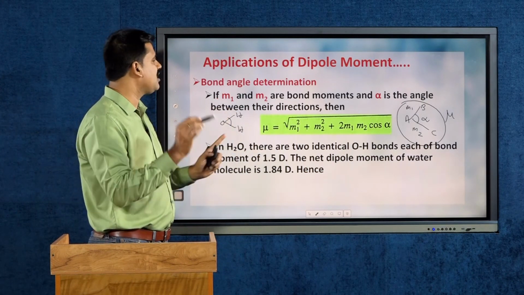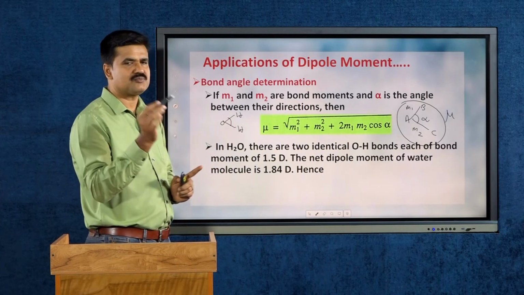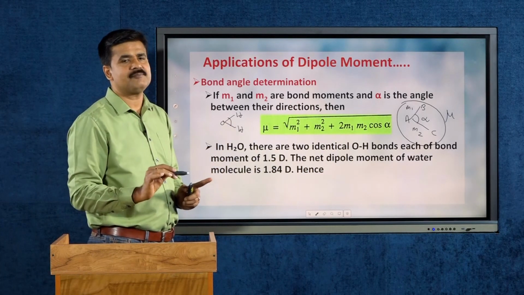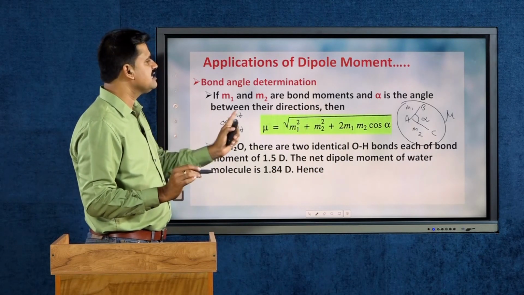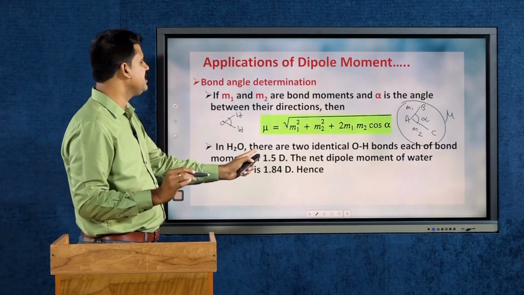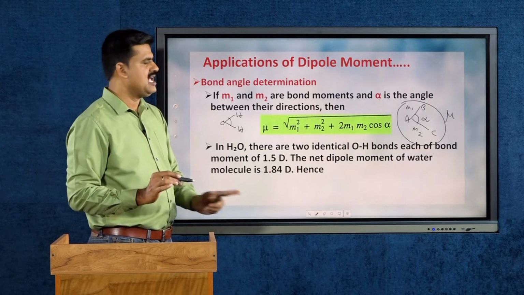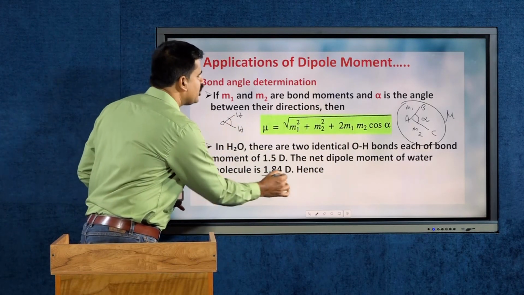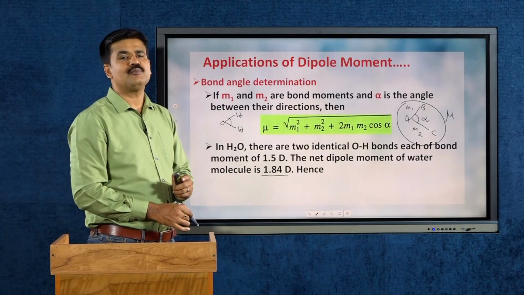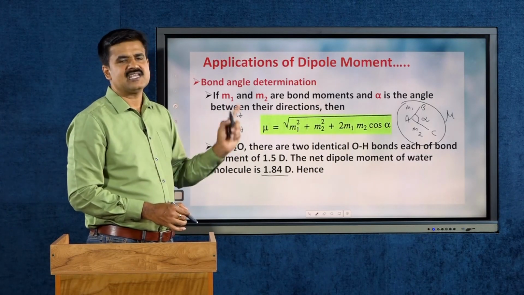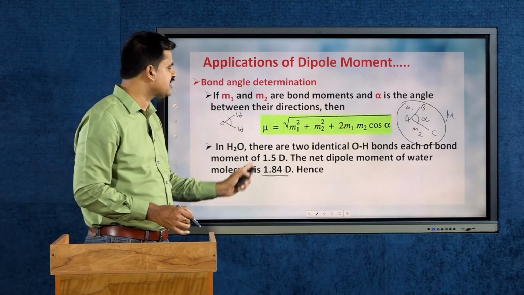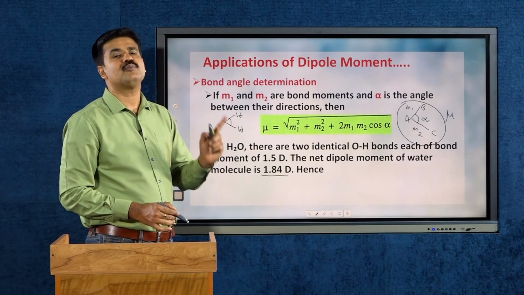Moreover, you have to keep in mind that the two OH bonds are the same, therefore the bond moments are also the same, equal to 1.5 D. The resultant dipole moment of water, mu, is already known to you, that is equal to 1.84 D. That means M1 equal to M2 equal to 1.5, and resultant dipole moment mu is equal to 1.84 D.